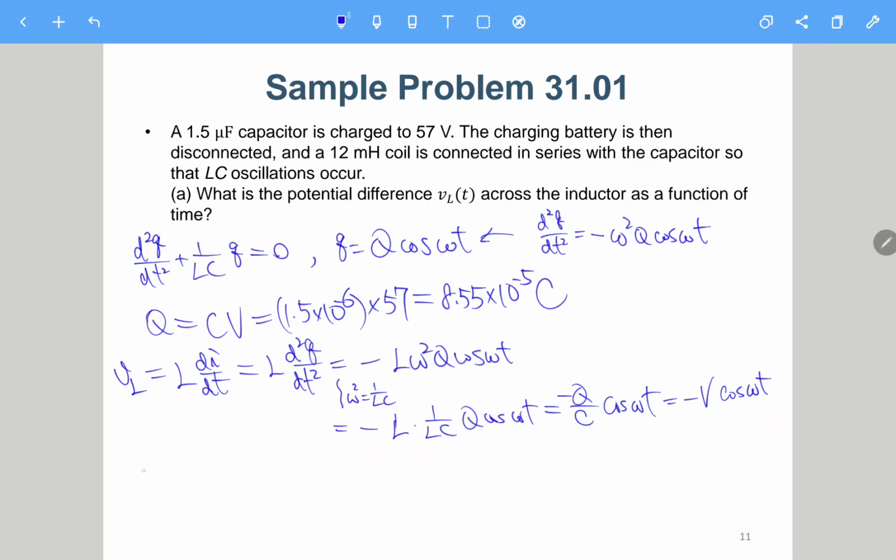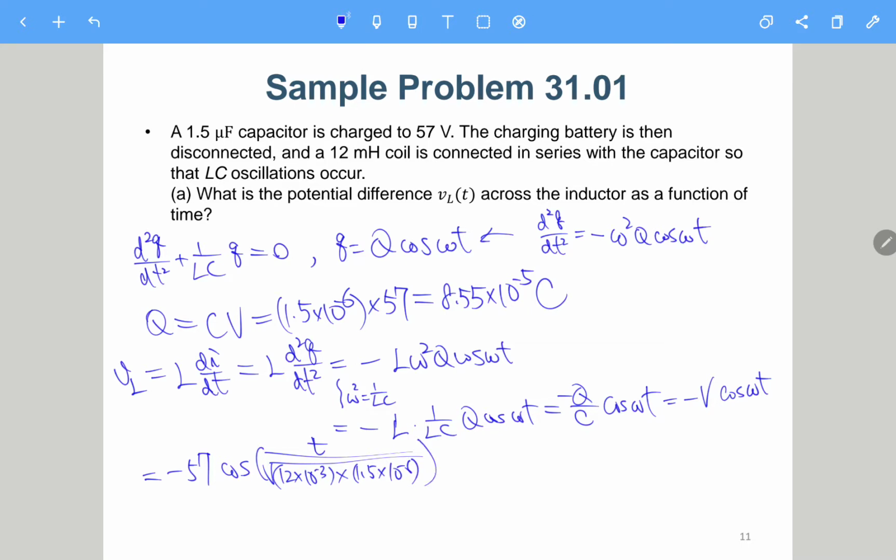Okay, and here we have V to be 57. So negative 57 cosine of t over square root of LC. L is 12 times 10 to the minus third, because 12 millihenry, times 1.5 times 10 to the minus 6.